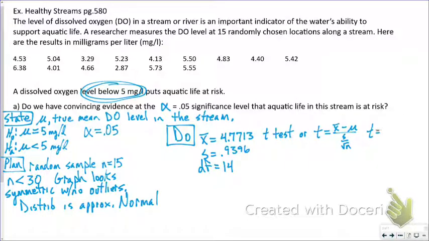Calculator did all the math for us. It got a negative 0.9425 t-score. And the p-value is the proportion of t smaller than that t-value, which the calculator told us is 0.1809. That's a large p-value because it is bigger than alpha.